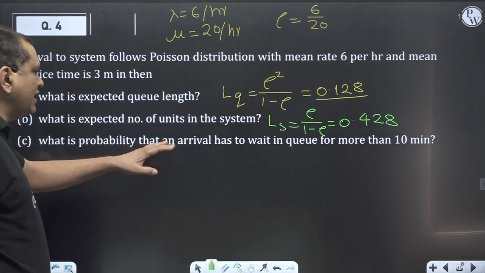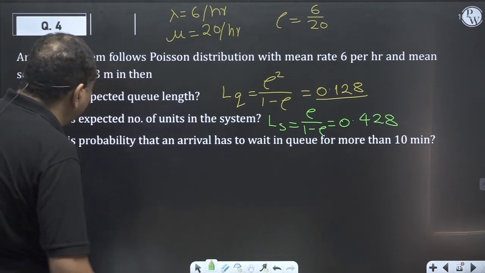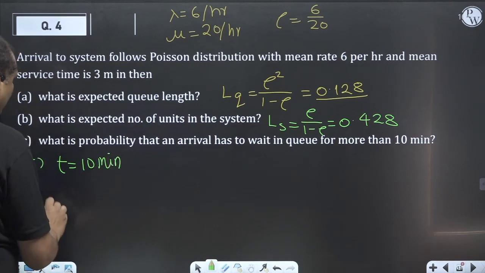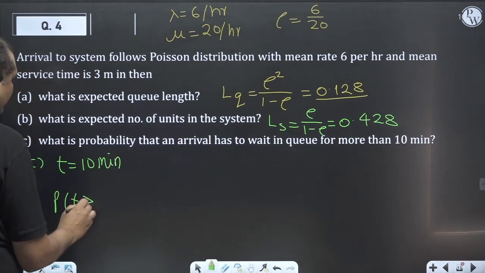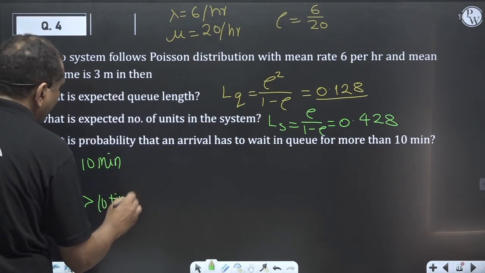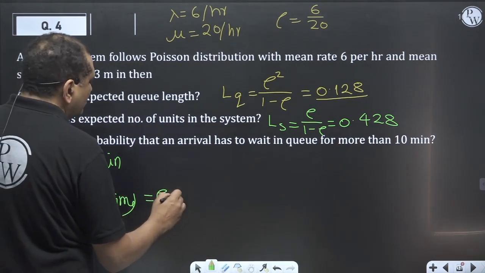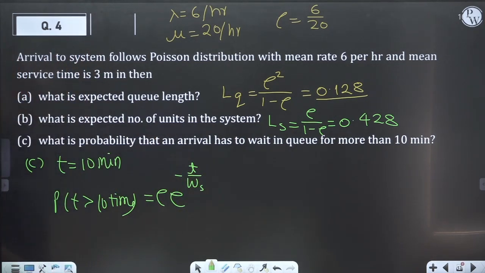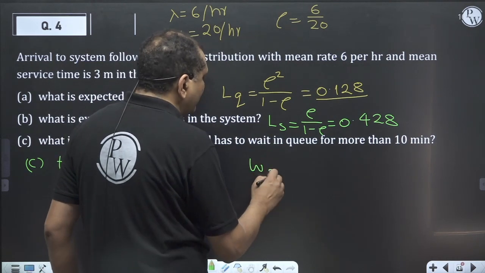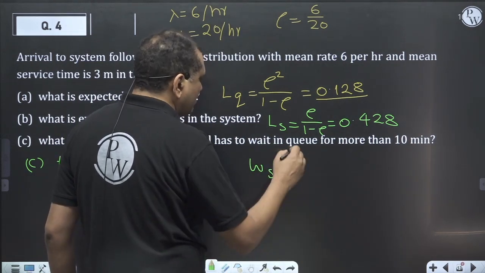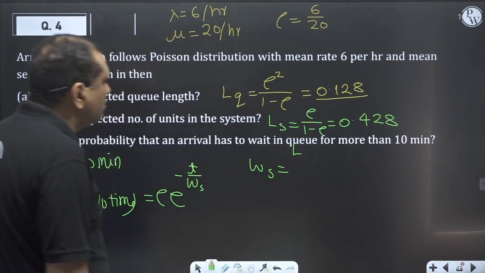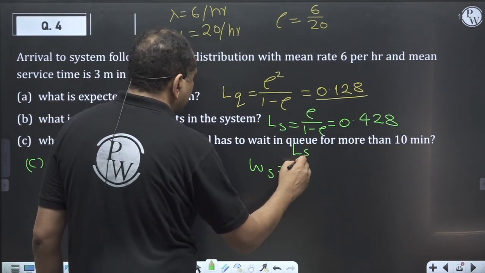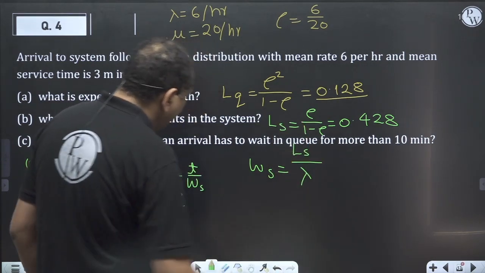What is the probability that an arrival has to wait in queue for more than 10 minutes? The probability that he has to wait for more than 10 minutes in the queue is rho e raised to the power minus t by WS. T is 10 minutes. WS you calculate. Wait in the queue. It's LS divided by lambda.